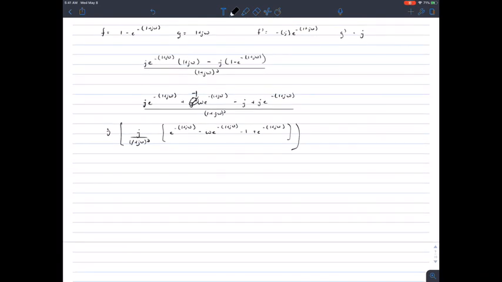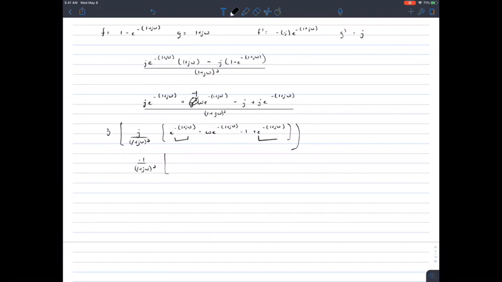J times j is going to be negative 1. Well, let's just leave negative 1 over (1 plus j omega) squared. I don't want to leave any steps out for you guys.